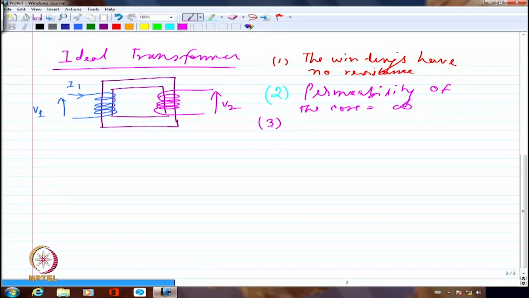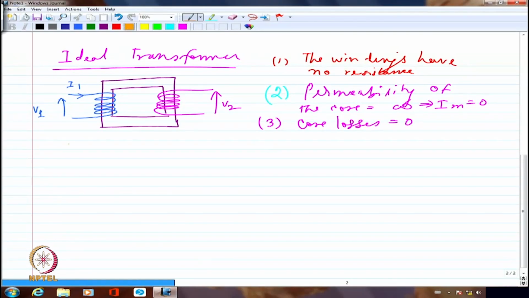Third assumption that I'm going to make is that the core is not going to have any losses. So if I say permeability is infinity, very clearly I'm going to have the magnetizing current equal to 0. This is implied. I'm not going to draw any current to magnetize the core or establish the flux. So I'm assuming that magnetizing current is 0. The third assumption I am making is the core losses are 0. I'm not going to have any losses in the core.